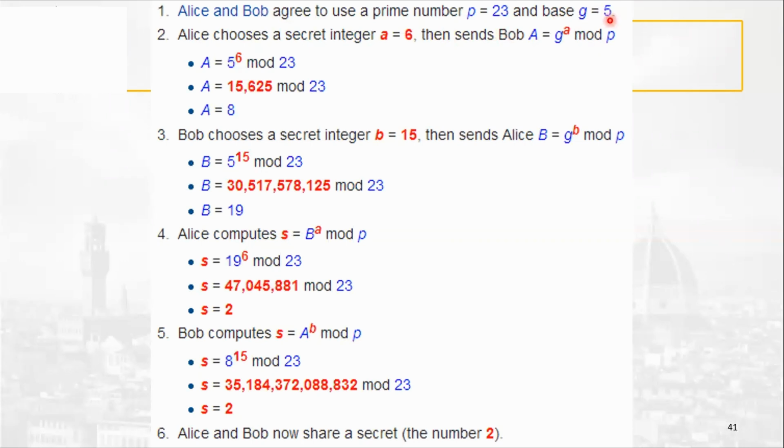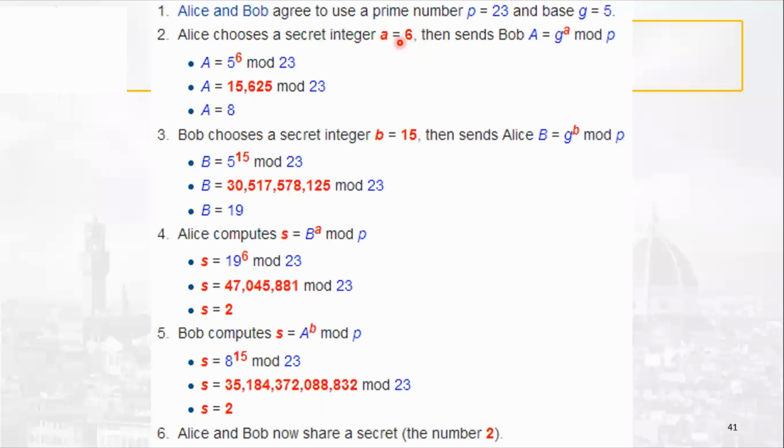What you have to do here is choose a private key, that is small a. You can choose any number, but remember that number has to be less than p. So 6 is less than 23, so you can consider it as the private key.